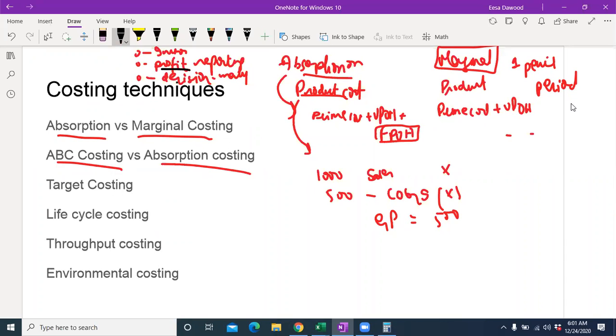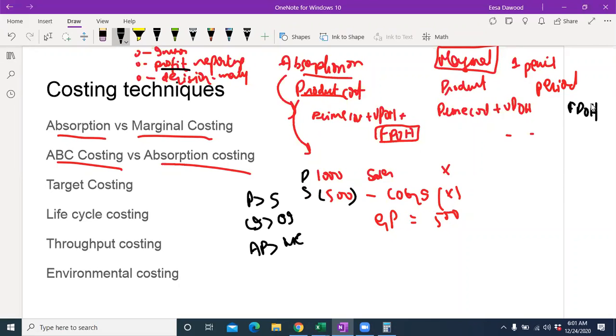So if fixed overhead is a period cost, when I produce more and sell less and my closing inventory is more than my opening inventory, then absorption costing reports a higher profit than marginal costing. Why? Because not the fixed cost for 1,000 units would have been charged in this period, only the fixed cost for 500 units sold would be charged in this period.